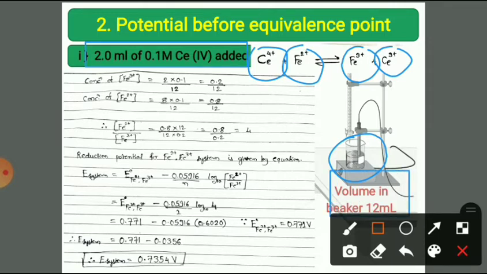In that total volume we will have 2 ml of cerium 3 plus, 2 ml of Fe3 plus, and 8 ml of unreacted Fe2 plus. So we will try to calculate the concentration of Fe2 plus and Fe3 plus.